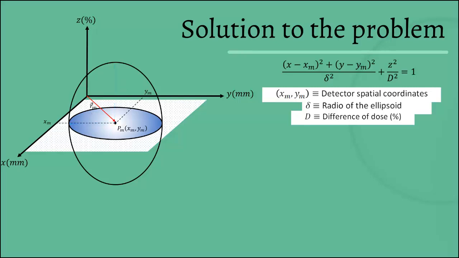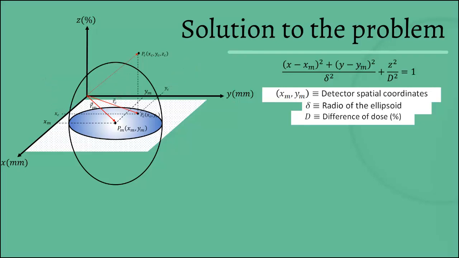Let's think of a point, PC, which is a point of the plane dose calculated by the planning system. This point evidently on the plane x and y has coordinates xc, yc, and a position vector rc.